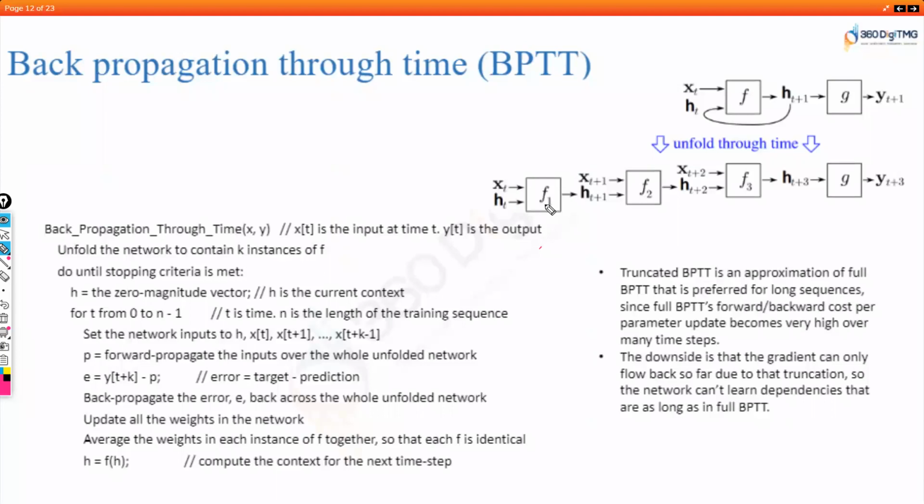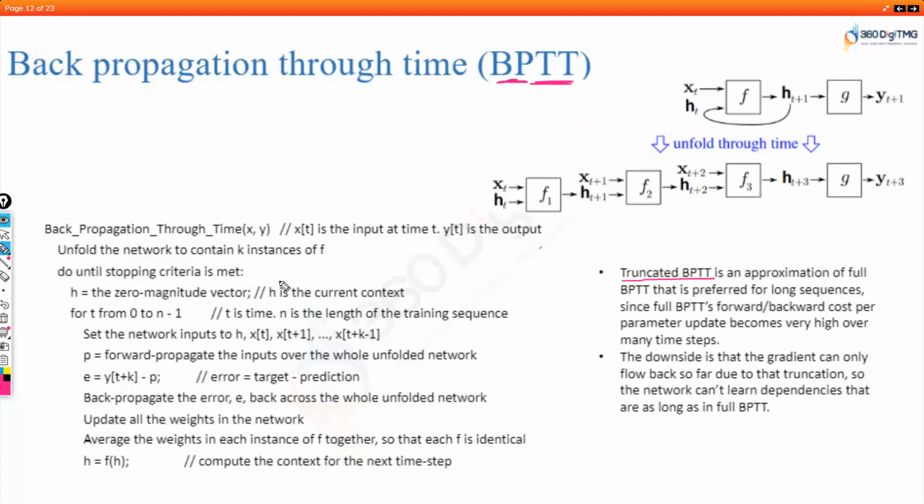It will run into the problem of vanishing gradient or exploding gradient. To solve that, people came up with something called truncated backpropagation through time. How are the weights updated? Using backpropagation. Here, you move across time. Hence, it's called backpropagation through time.